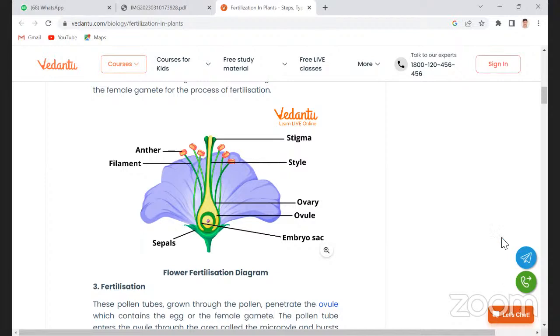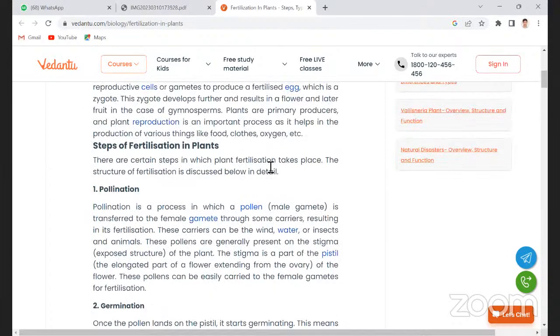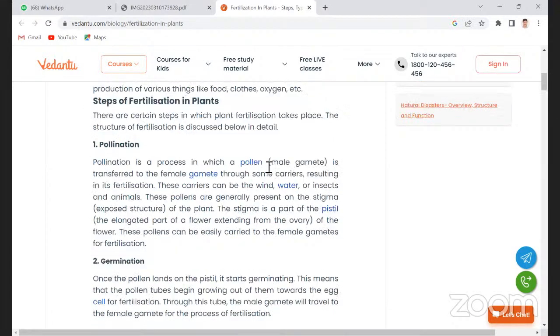So what happens in pollination? During the pollination process, the pollen, the male gametophyte, is transferred to the female gamete through some carriers. It results in fertilization. Do you understand?